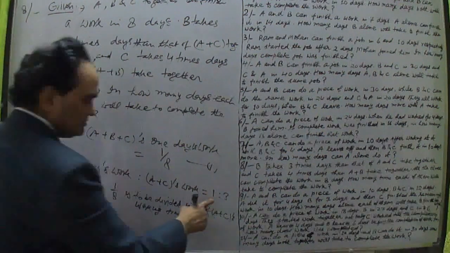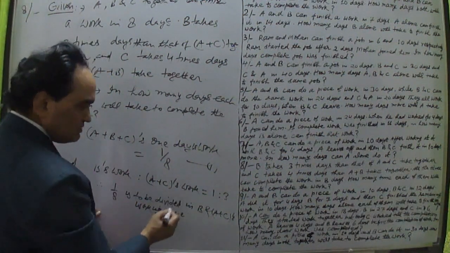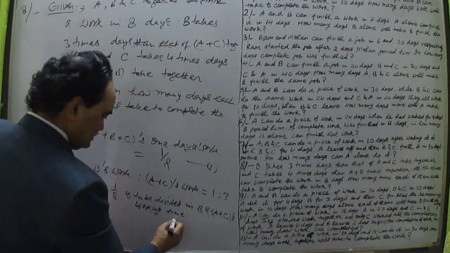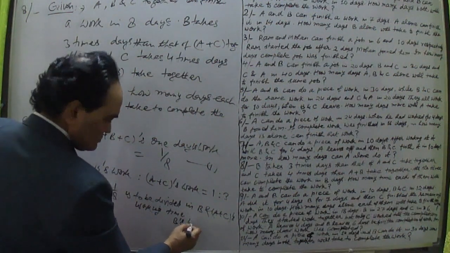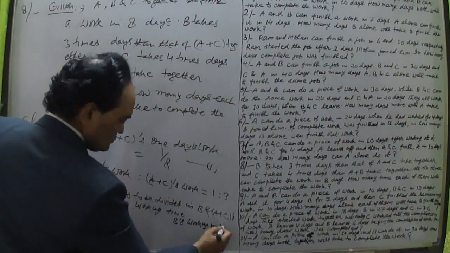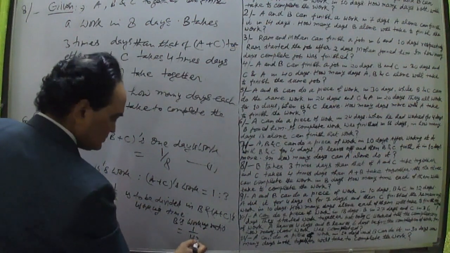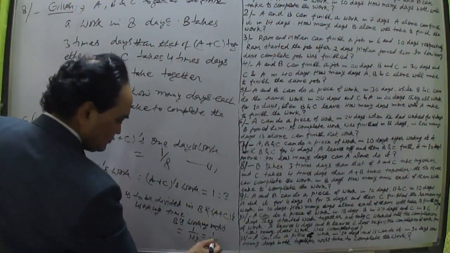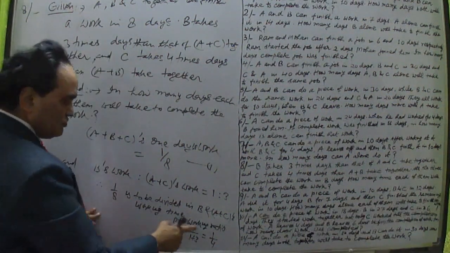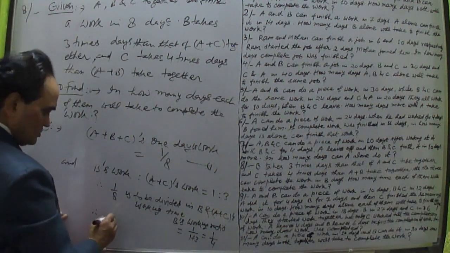What is the ratio of these two? This is 1 plus 3. So B's working ratio is equal to 1 upon 1 plus 3. Try to understand. 1 upon 4. 1 upon 4 of what? 1 upon 8.